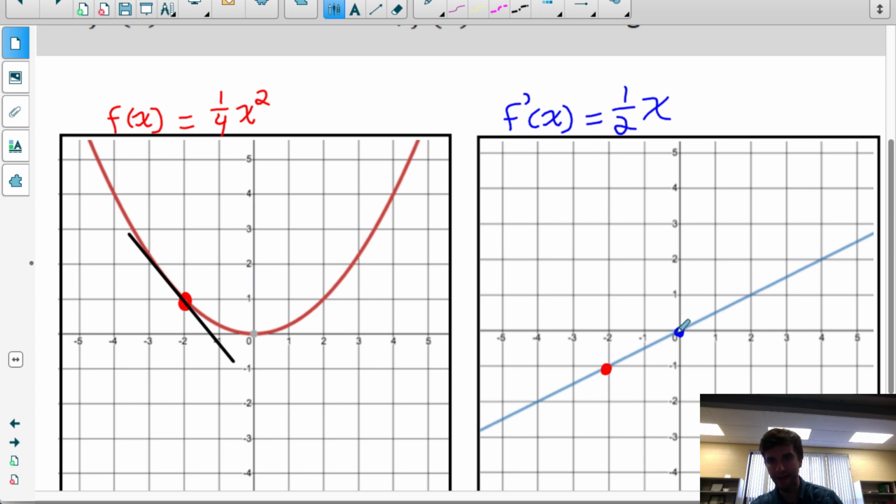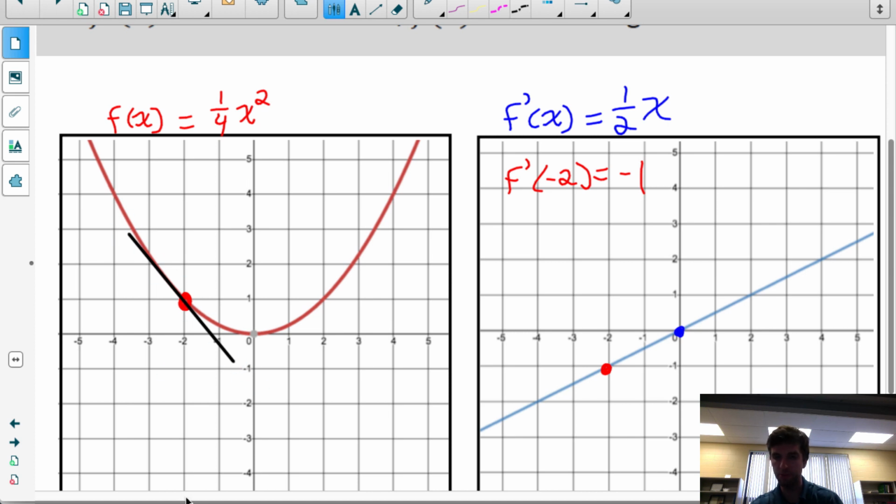So the fact that when x is negative 2 on the graph of the derivative, the y value is negative 1, another way of saying that, when f prime of negative 2 equals negative 1, what does that tell me about the original function? It tells me that on the original function, at an x value of negative 2, the tangent line to that point would have a slope of negative 1.